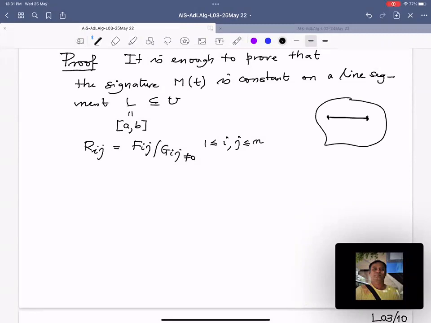And this denominator polynomial will never vanish on the interval. So the G_ij do not vanish on the interval AB. Actually, why call it AB? I could have called it 0 and 1.